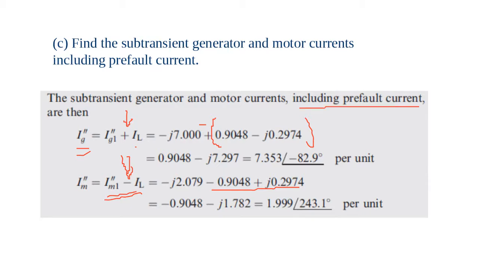So when we include the pre-fault current, we put positive for the generator. This is the generator, and we add it. While when we put negative, we subtract. Subtraction. Why? Oh, this one here.